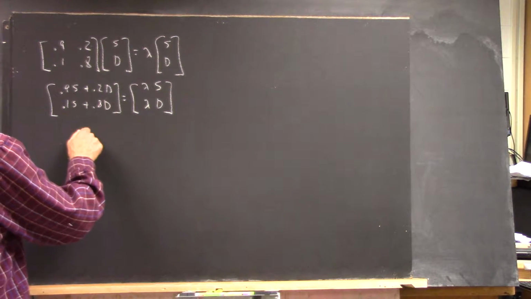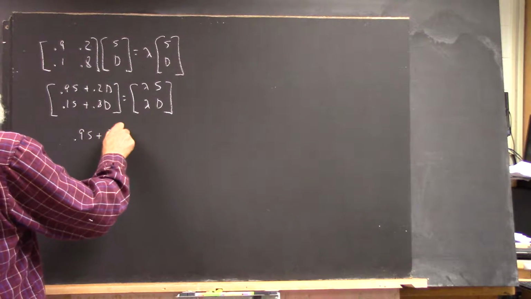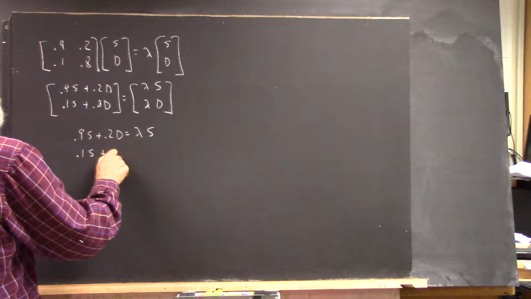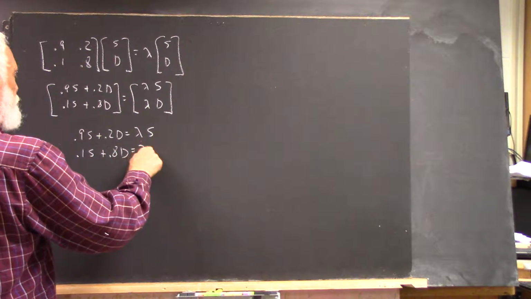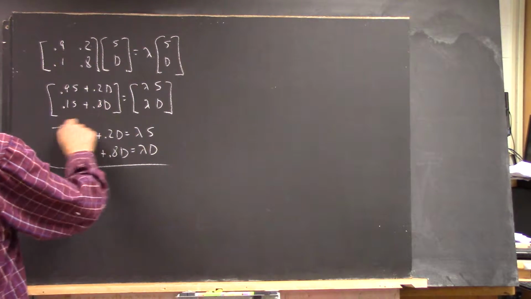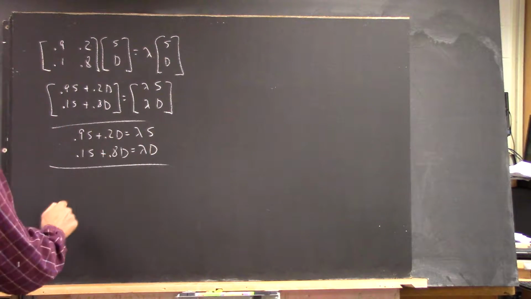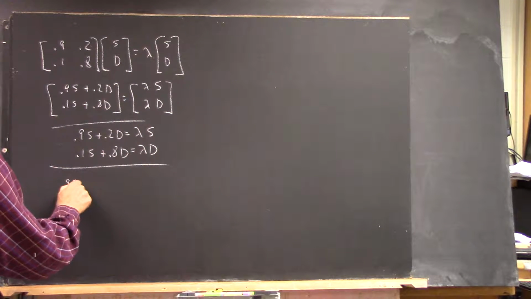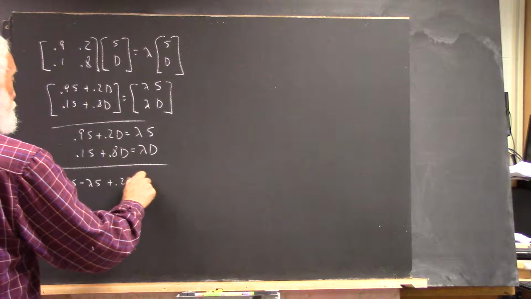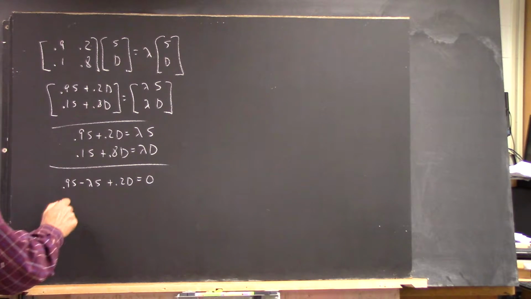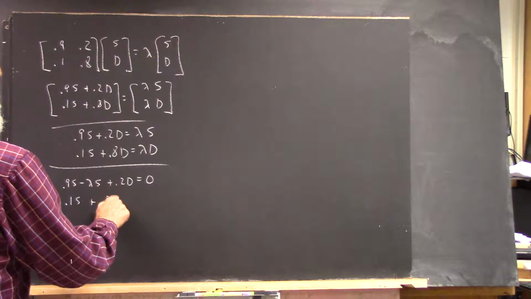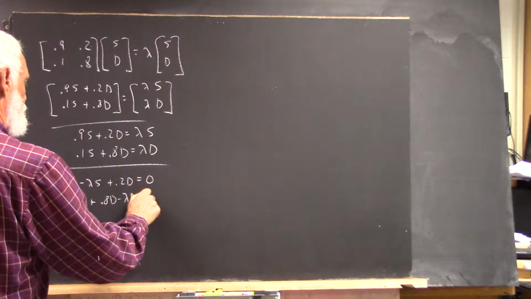So 0.9S plus 0.2D equals lambda S, and 0.1S plus 0.8D equals lambda D. Now, we rearrange this very easily. We get 0.9S minus lambda S plus 0.2D equals 0. And we get 0.1S plus 0.8D minus lambda D equals 0.